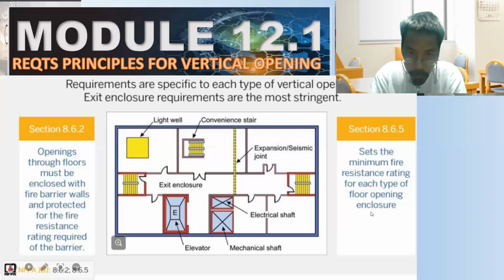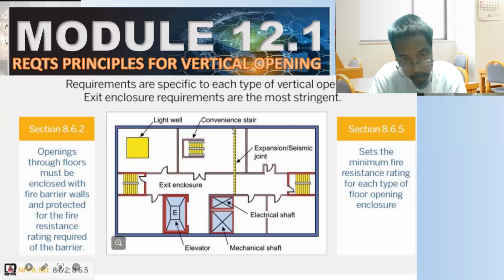So we can have fire barrier walls like this. Here we have fire barrier walls for the electric shaft, for the mechanical shaft, and so on. Also with this one and this one.